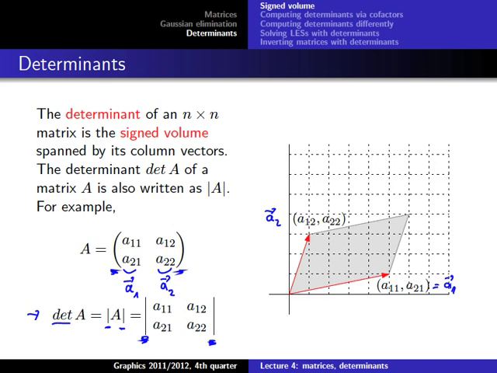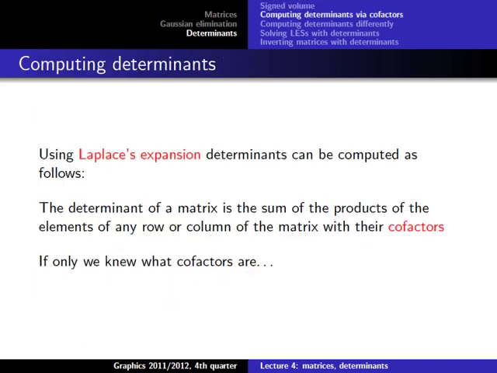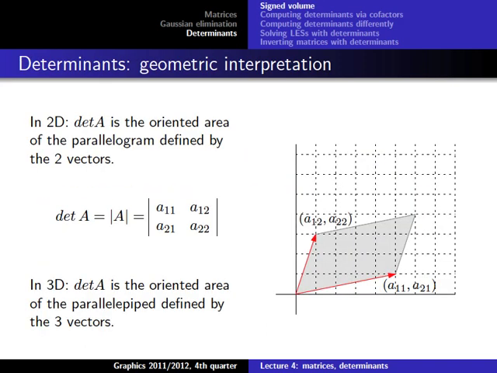What is the signed volume of something? Or what is, for example, a signed parallelogram? The point is that it depends on in which order you write the column vectors. If you write the column vectors like we did here, A1, A2, in a counterclockwise way, then you get a positive result.